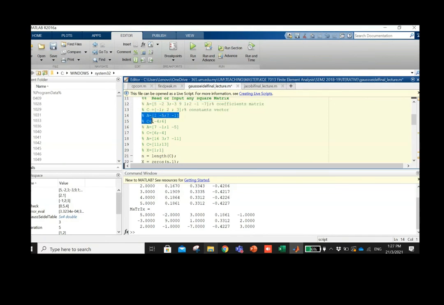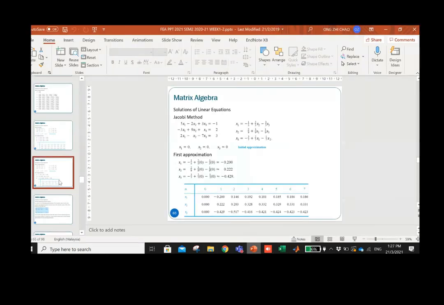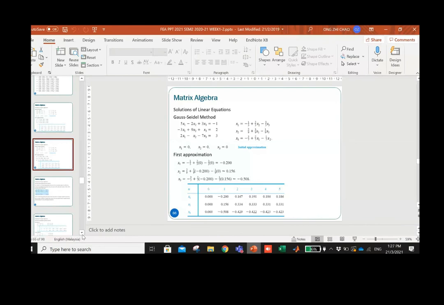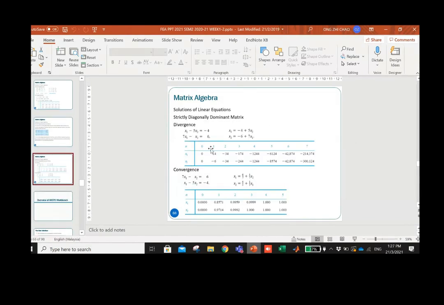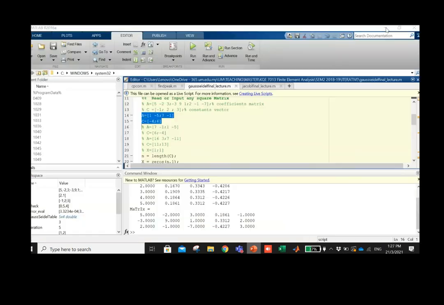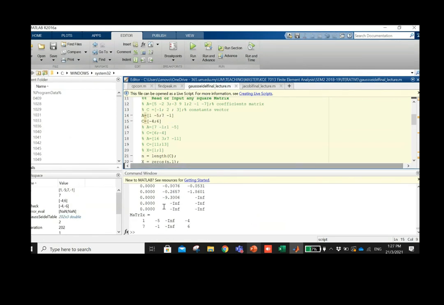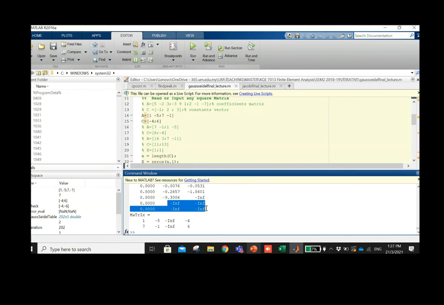For this particular problem that we saw just now, not strictly dominant, you have 1, -5, 7, -1, then my B is -4 and 6. If I solve it, you see that it goes to infinity. It won't actually converge; at the end you won't have a solution.